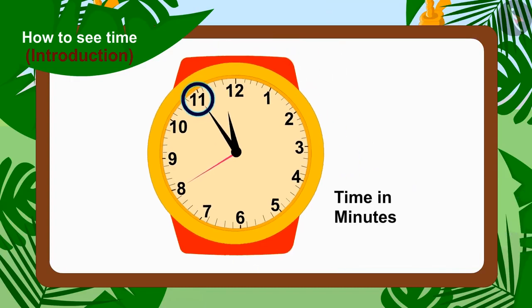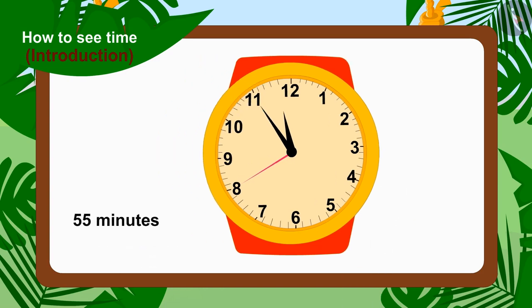So, to count the time in minutes, we have to multiply 11 by 5. So children, what is 11 times 5? 55. In this way, the minute needle is at 55 minutes in Chanda's watch.